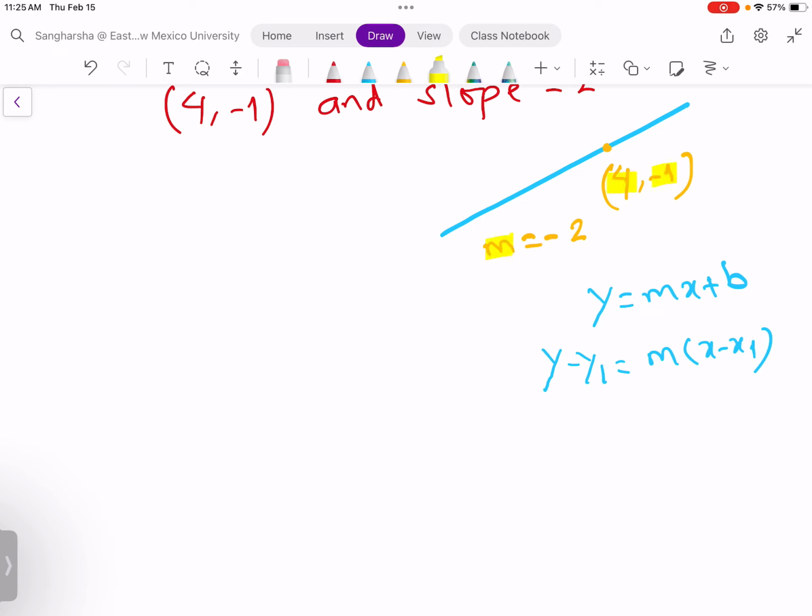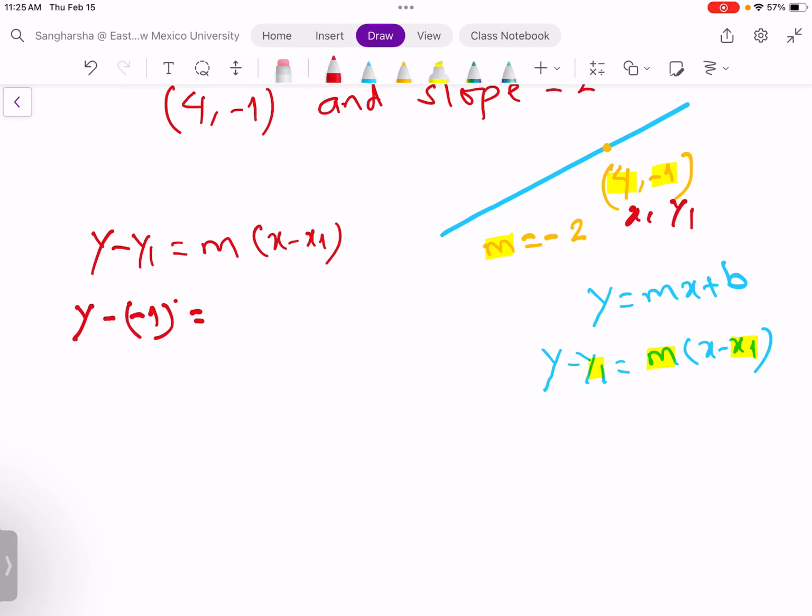We know x1, y1 and m, so you substitute the values. y minus y1 equals m times x minus x1. We have y as it is, y1 is negative 1, m is negative 2, and x1 is 4.